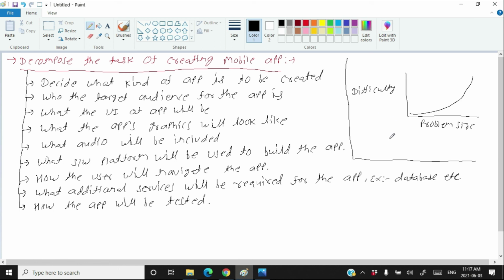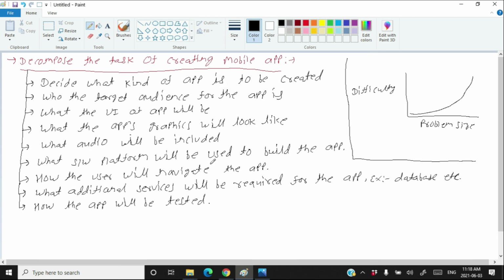It is always much easier to write 200 lines of program than 800 lines of program. The larger a problem is, the harder and more difficult it is to program as compared to smaller problems. See here, in this example of creating a mobile app, they have not talked about how you decompose your code. They have talked about how you decompose the problem of creating a mobile app.